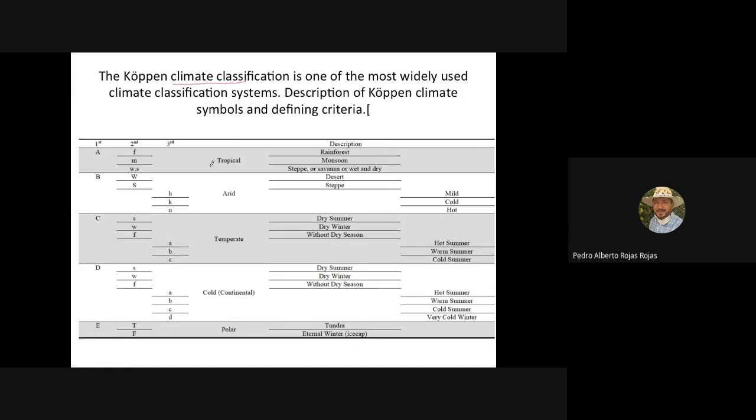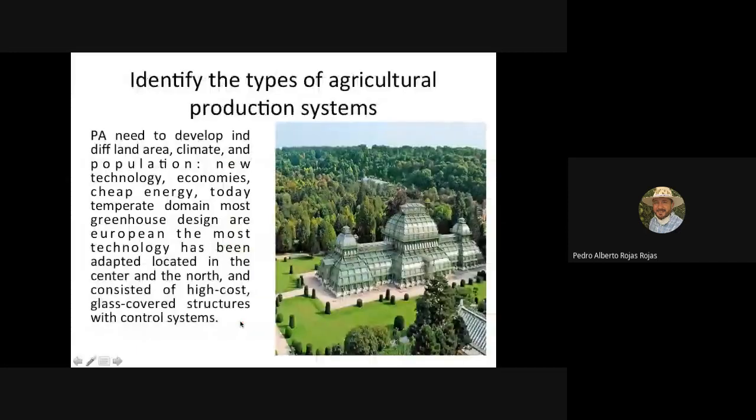Just to know, the most important is tropical, and in second place is arid zone. After that, temperate, cold, and at the end, polar climate.